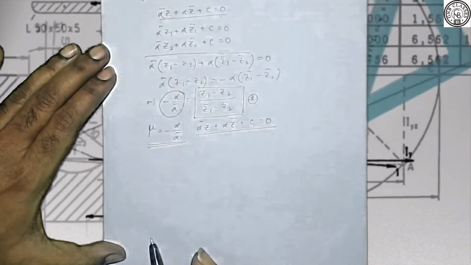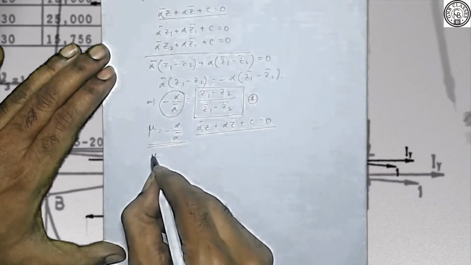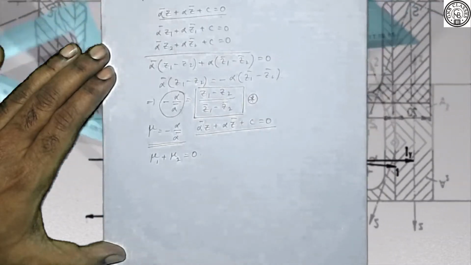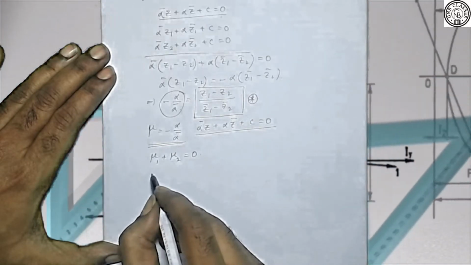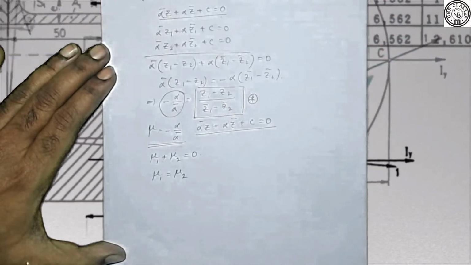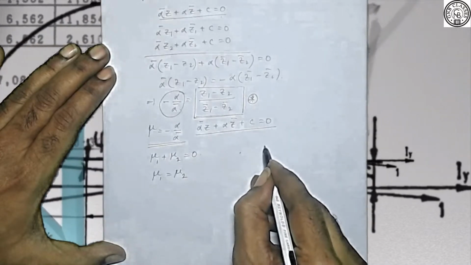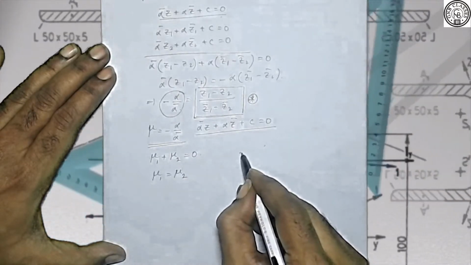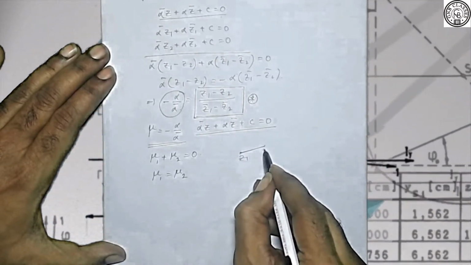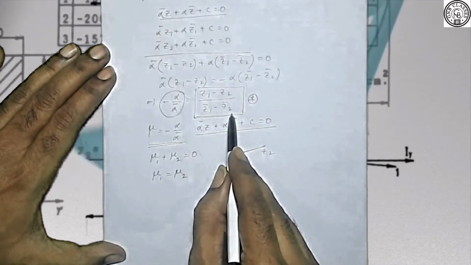And we have learned that if two lines are perpendicular to each other, then the sum of their slopes will be equal to 0. And if they are parallel to each other, then their slopes will be equal. The third thing we have learned is that if I know 2 points on the complex plane, we can find the slope of the line joining z1 and z2. And that is (z1 minus z2) divided by (z1 bar minus z2 bar).